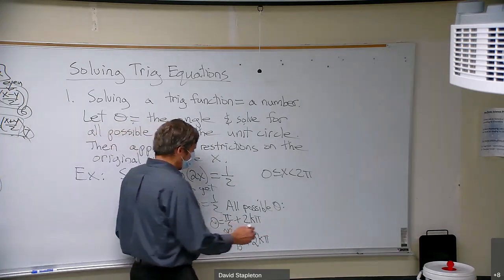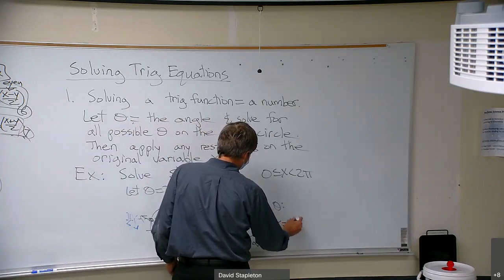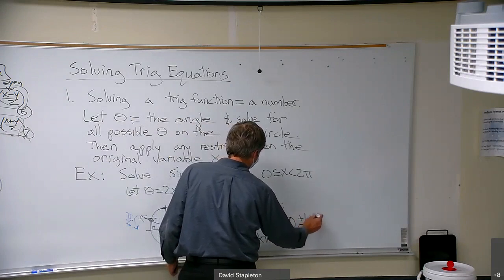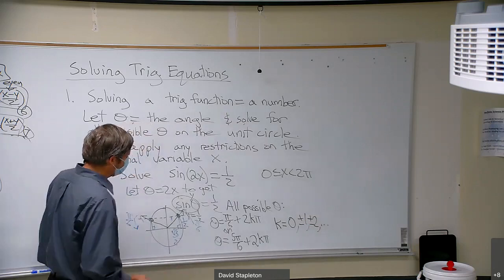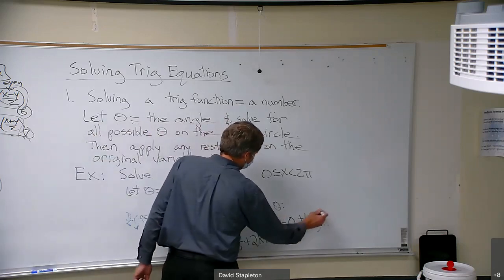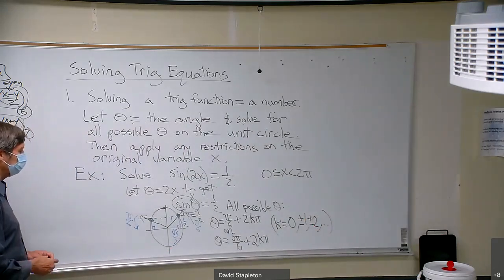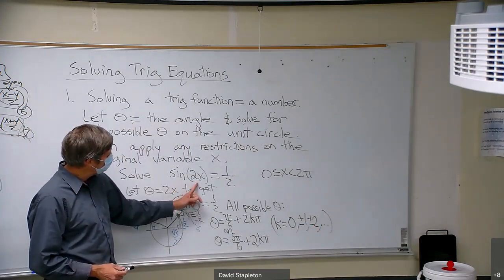And when you just put k, everybody assumes, unless you say otherwise, that it's an integer. Here are the integers: 0, plus or minus 1, plus or minus 2. You don't have to write that. If you write k instead of x, I'll assume it's an integer unless you say otherwise. So those are all possible values of theta to get sine theta equals a half. Now, how do I solve the original problem, sine 2x equals a half?